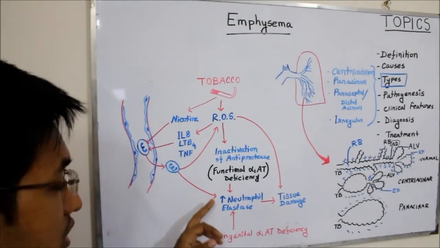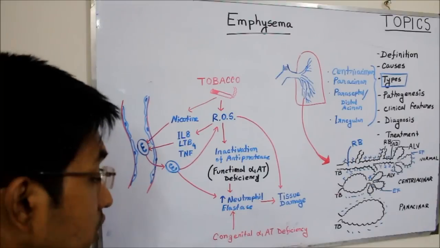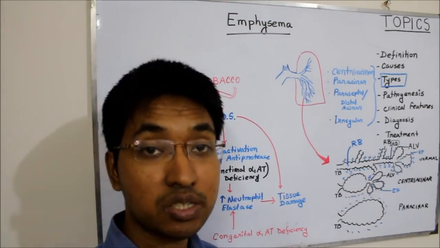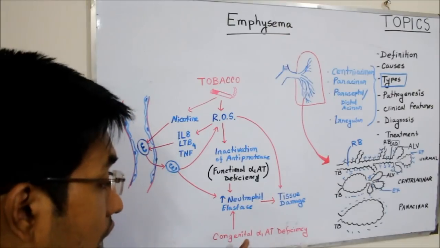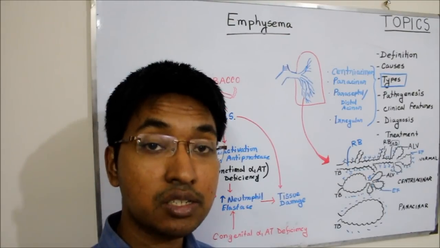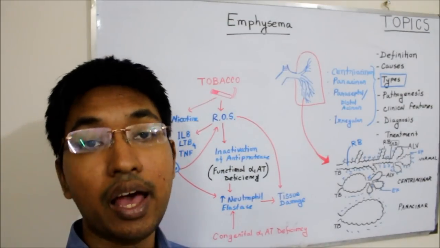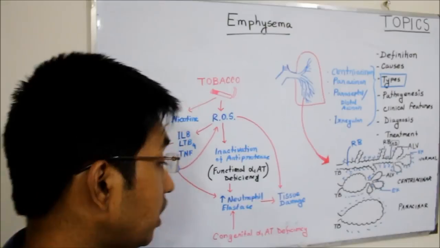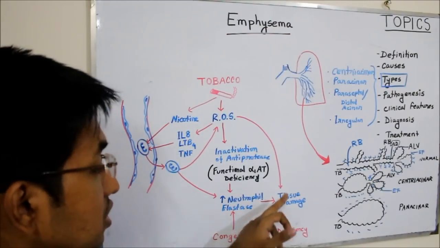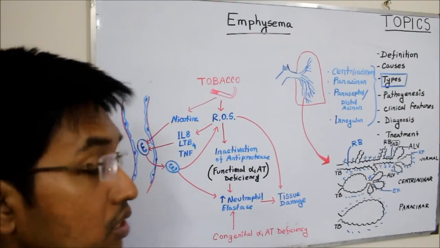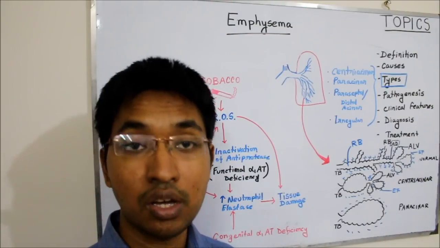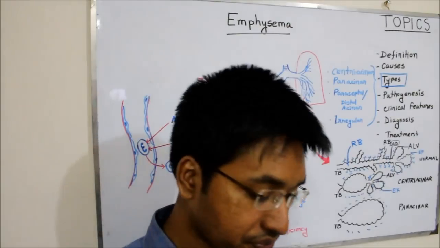And as you can see at the bottom of the image, I have written, whenever there is congenital alpha-1 antitrypsin deficiency, since alpha-1 antitrypsin is an anti-elastase, whenever there is deficiency of anti-elastase, that will result in an increased amount of elastase, and that will cause damage to the elastic tissue and result in emphysema.